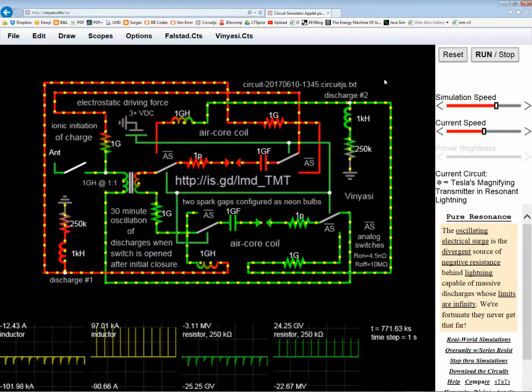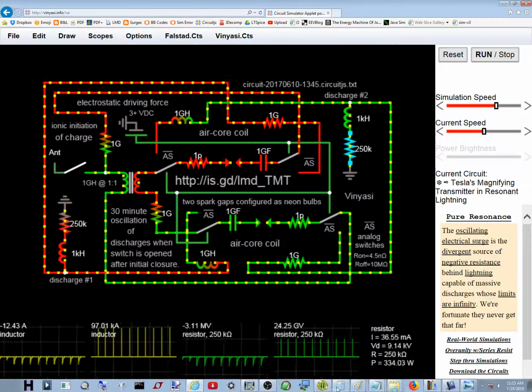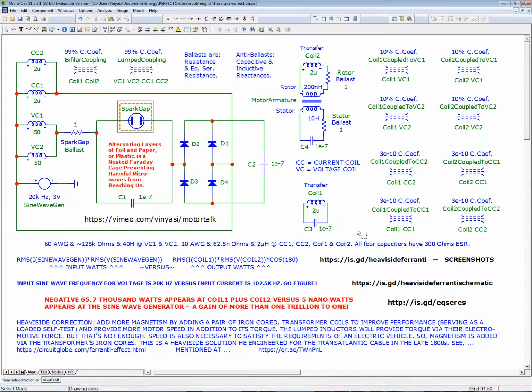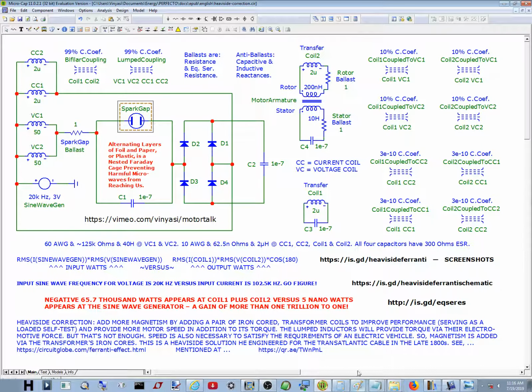In my device, which is not this, but in my thematic device of a shorted motor, I have two parent waves.